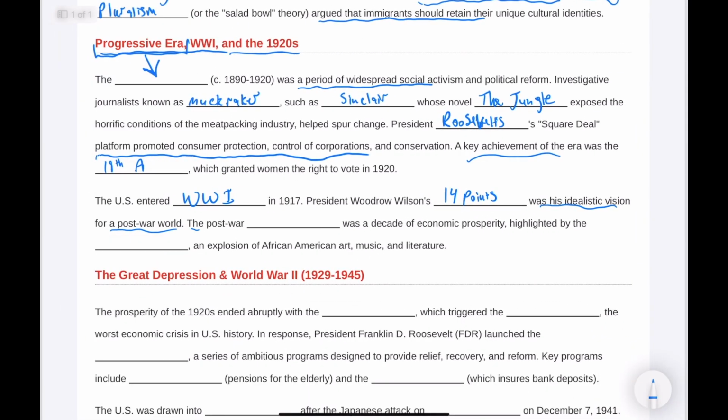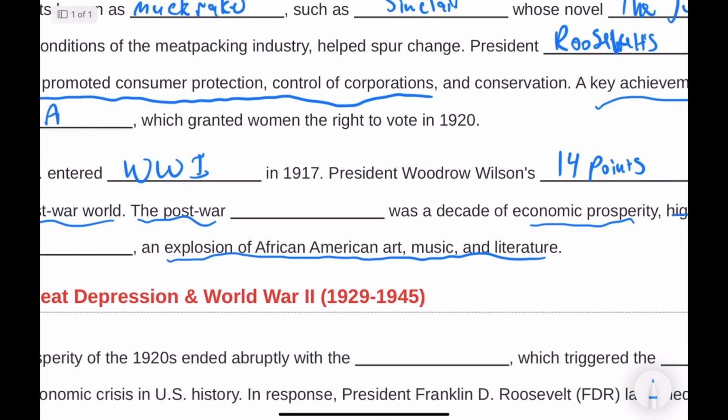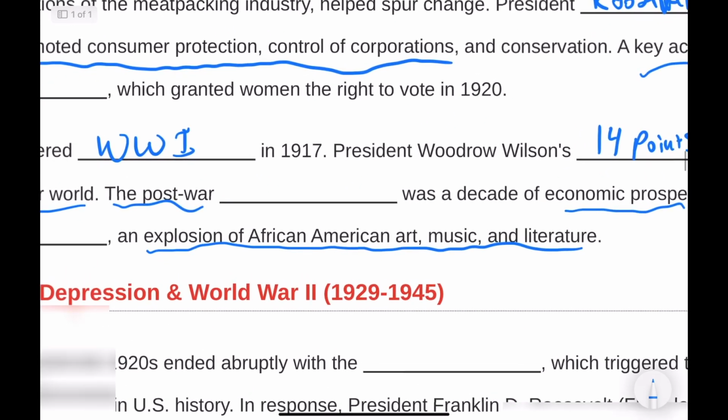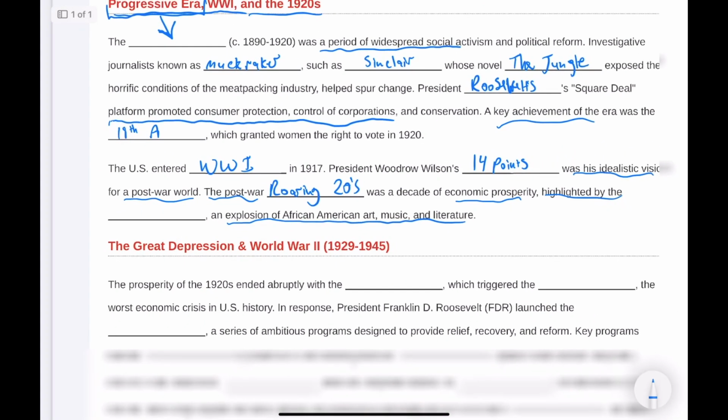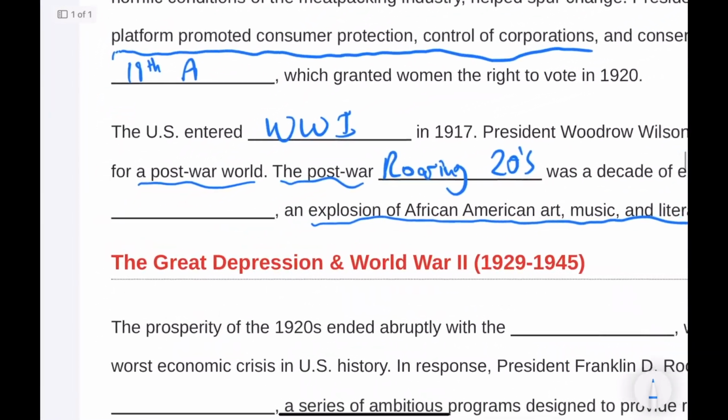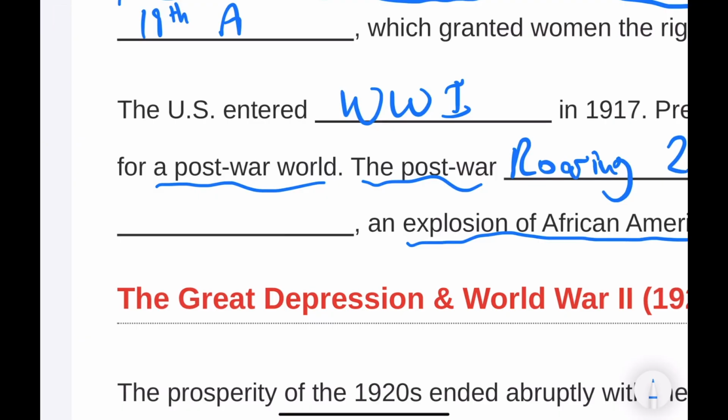And this post-war blank was a decade of economic prosperity, highlighted by the blank, an explosion of African-American art, music, and literature. So the post-war era was called the Roaring Twenties. And this highlighted the Harlem Renaissance.